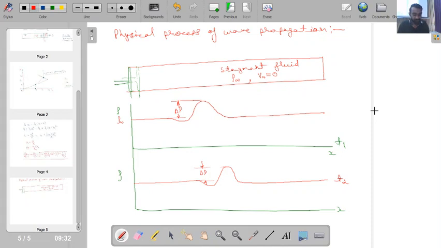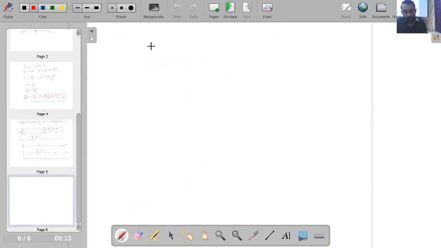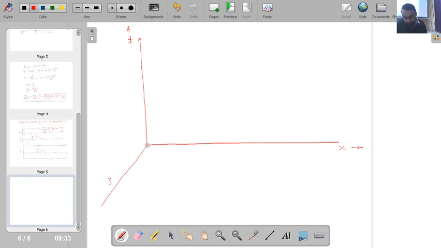So we can have a three-dimensional representation of this wave propagation. Say this is my time axis, then I can have x in this direction, and a third axis which gives me the difference rho minus rho infinity.